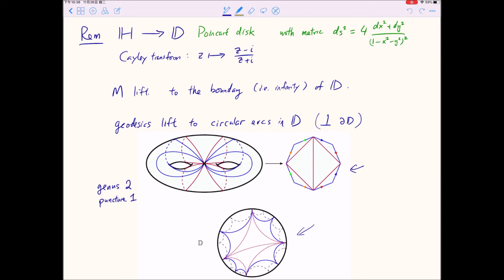Geodesic here again means that they should be circular arcs such that they form a 90-degree angle with the boundary. So these are all geodesics and it is a universal cover. By the action of the fundamental group, it will extend beyond to infinity. So the boundary will be infinity.